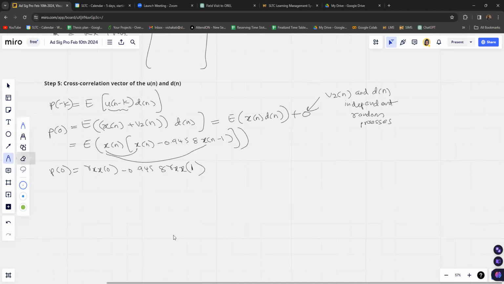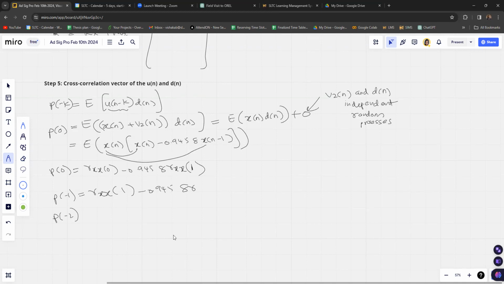Similarly, we can find P minus 1 and P minus 2 in terms of the rxx values we computed. You can calculate this on your own.